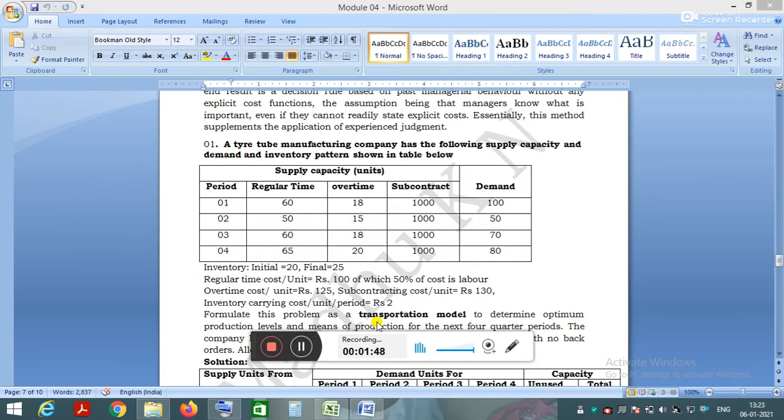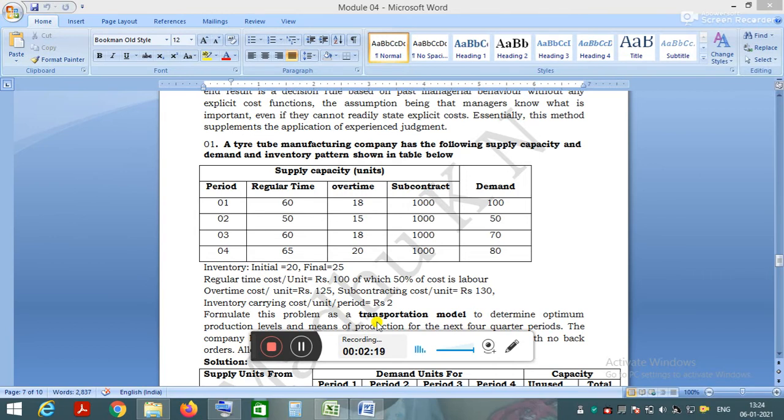Similarly, he has given for the second, third and fourth periods. In the second period, by using regular time hours, it can produce 50 units. By using overtime, through employees, it can produce 15 units, and for subcontract it is the same for all 4 periods: by giving subcontract to other companies, it can produce 1000 units in all 4 periods.